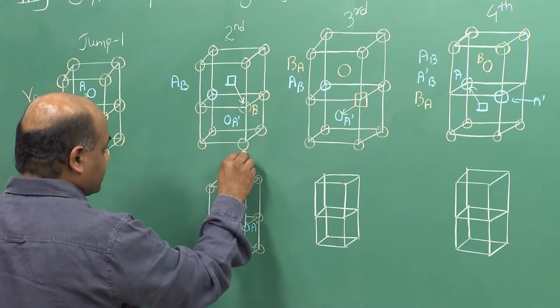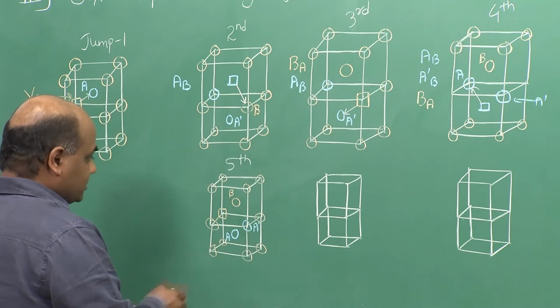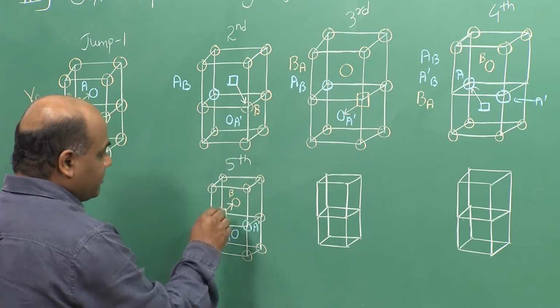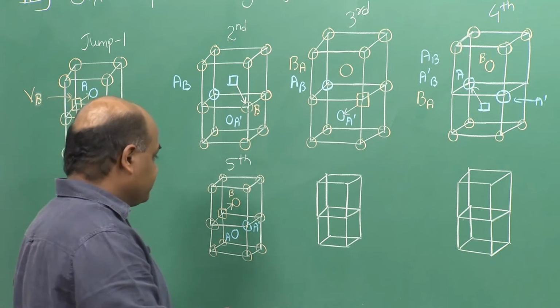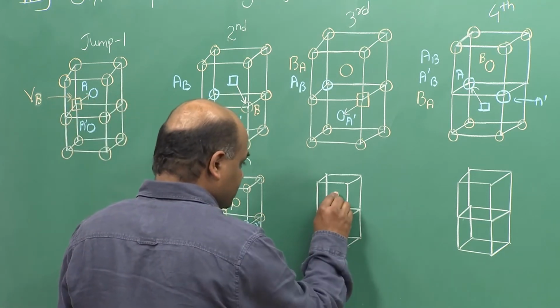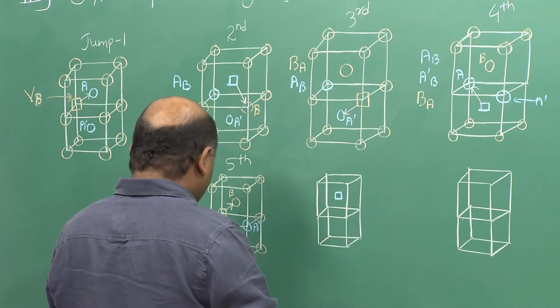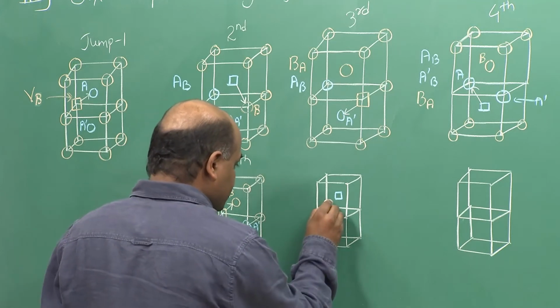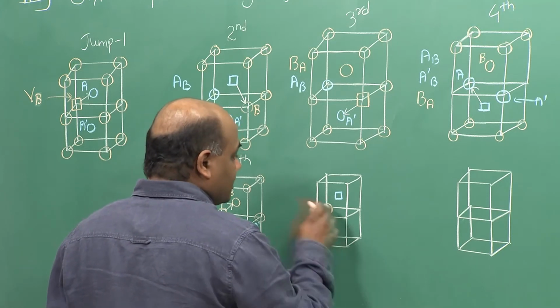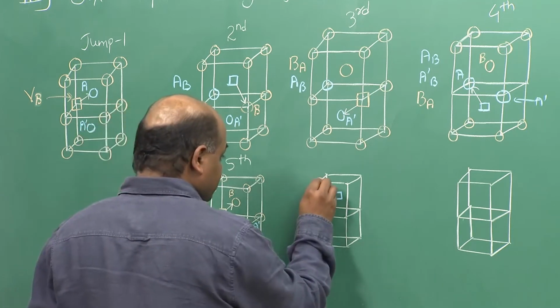During its fifth jump, the vacancy will now exchange with the anti-site of B on A. So, the vacancy has now moved to an A sublattice, and B has restored its sublattice, and of course, B has switched its position.